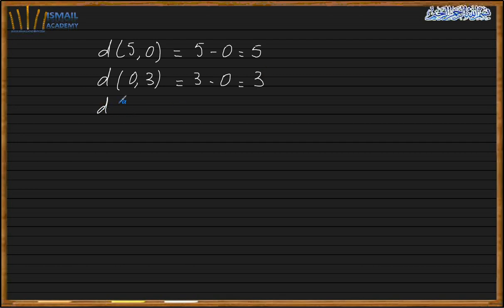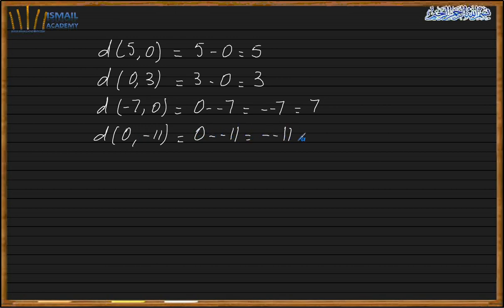What about the distance between minus 7 and 0? 0 is greater than minus 7, so it's going to be 0 minus minus 7, which is plus 7. And the distance between 0 and minus 11: minus 11 is smaller, 0 is bigger, so it's 0 minus minus 11, which is 11.